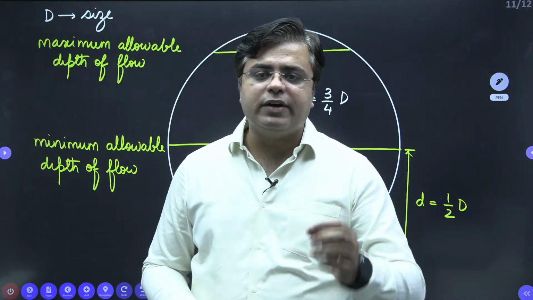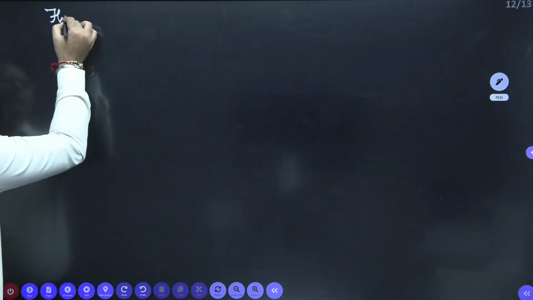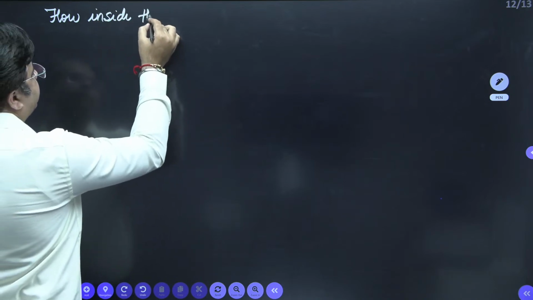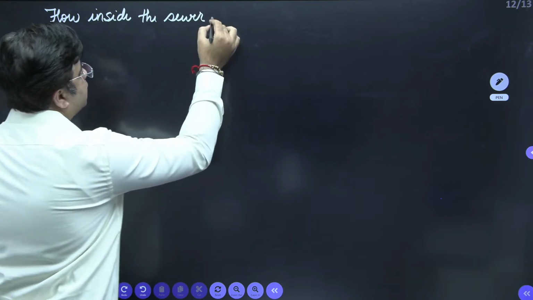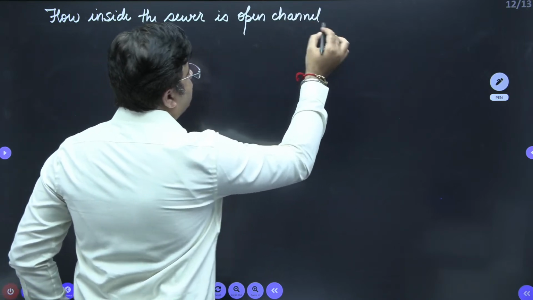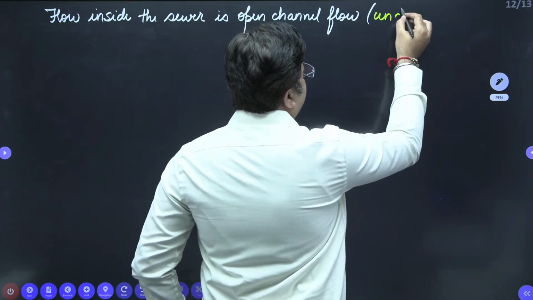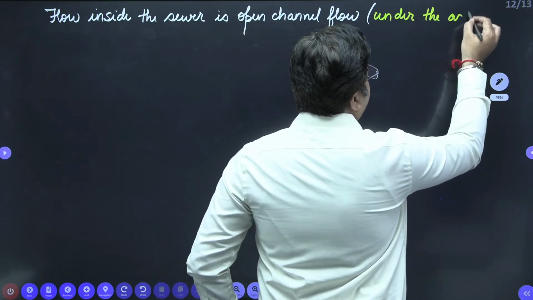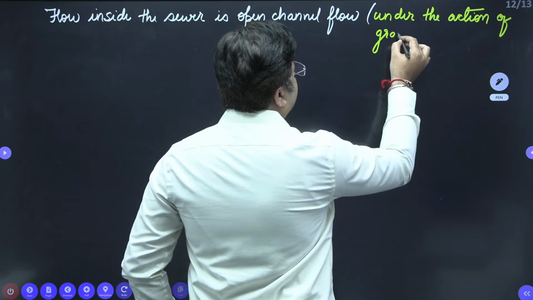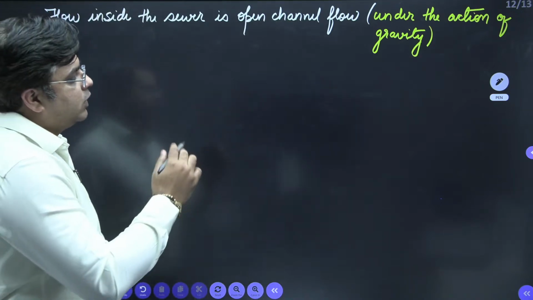So the flow inside the sewer is an open channel flow, that is under the action of gravity.